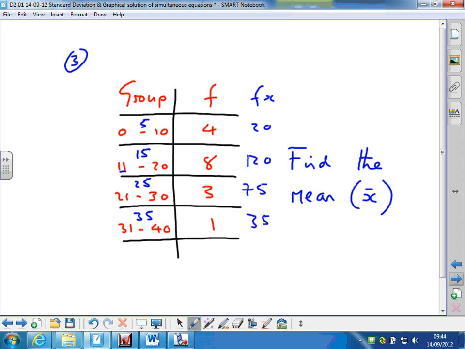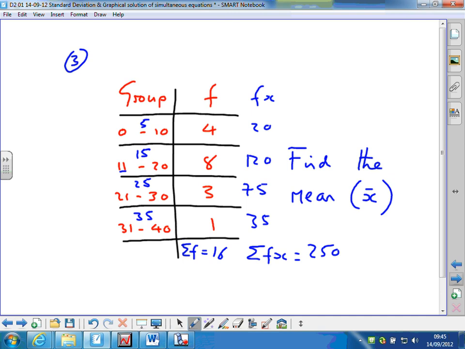Now you add them together to get the sum of fx, 250. Take your word for that. Yeah. And then what do I need to divide that by? The sum of the frequency, right, which is 16.